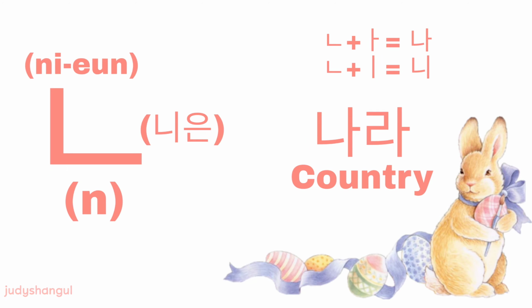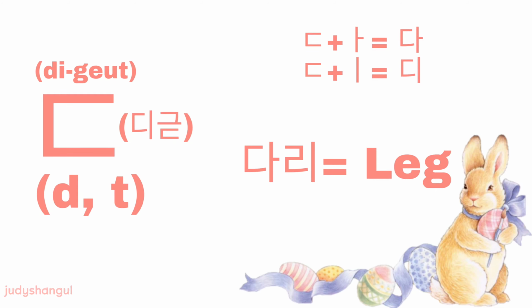니은. It is pronounced as an N sound. 니은 plus a, 나. 니은 plus 이, 니. The example word of 니은 is 나라, country. 디귿. 디귿 is pronounced as a D sound or T sound in English.